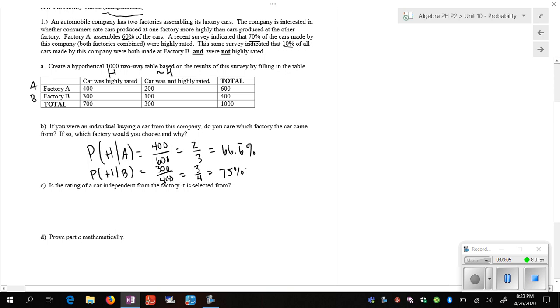And so to me, it would appear that it is better to have a car made at factory B.